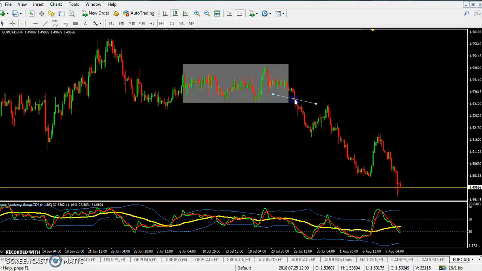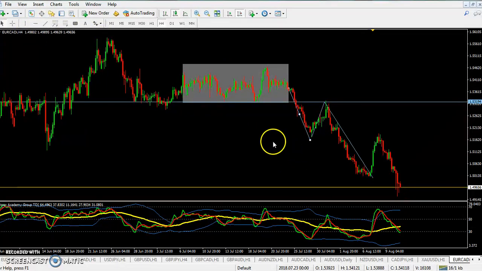Once the market breaks out, like it did here, and comes back and retests that structure, then the market went down. That is a consolidation breakout.